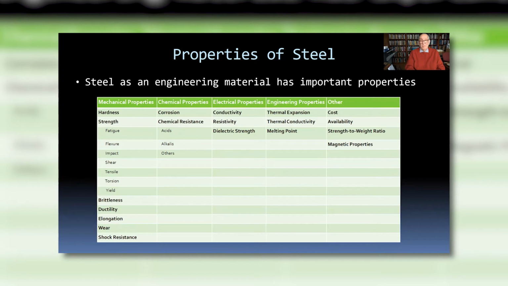So an example of mechanical properties that we're typically interested in is hardness and strength, brittleness, ductility, elongation, wear, and shock resistance. Now, strength is measured a number of ways. There's things called fatigue strength and flexure and impact strength and shear strength and tensile strength and torsion strength and yield strength.